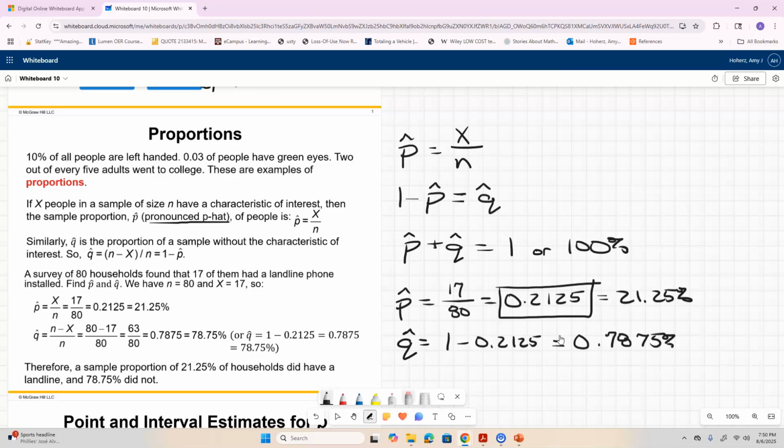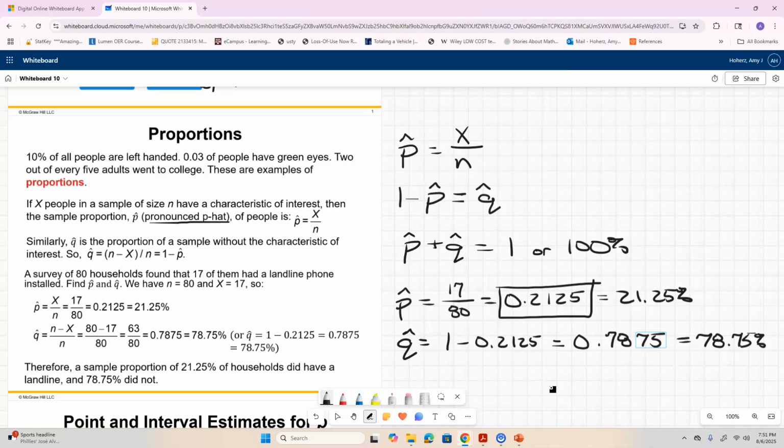Sorry, I wrote that wrong. Just a second, I confused myself. All right, so 0.7875 or 78.75%. So 78.75% of the households did not have landlines, 21.25% did. That's our P hat and our Q hat.